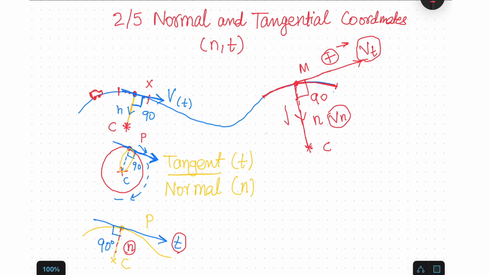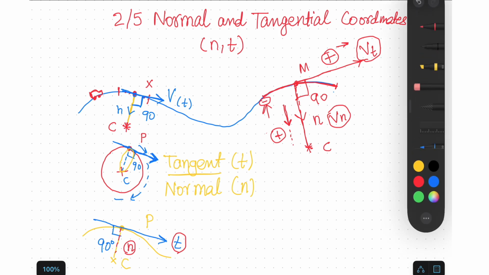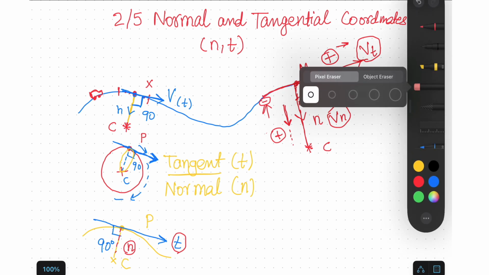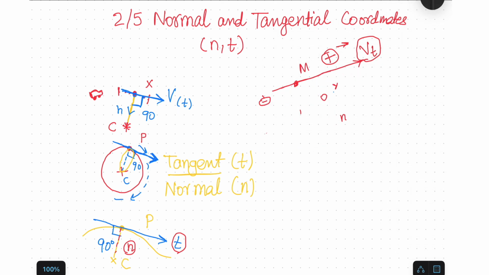When the normal vector is directed towards the center, this is positive. Okay, if it goes up, then this will be called a negative direction. So this was concept 2. Now let's talk about one more concept here.